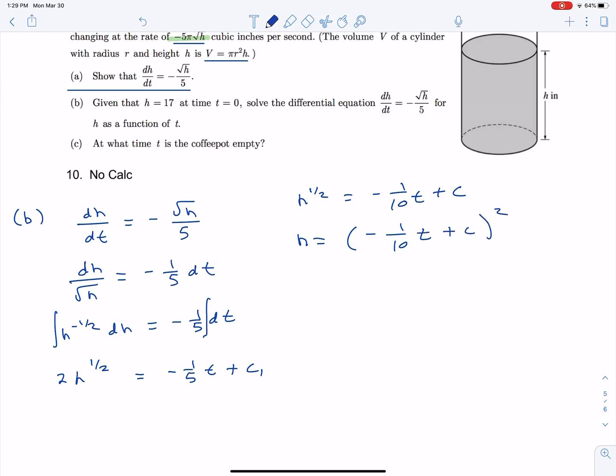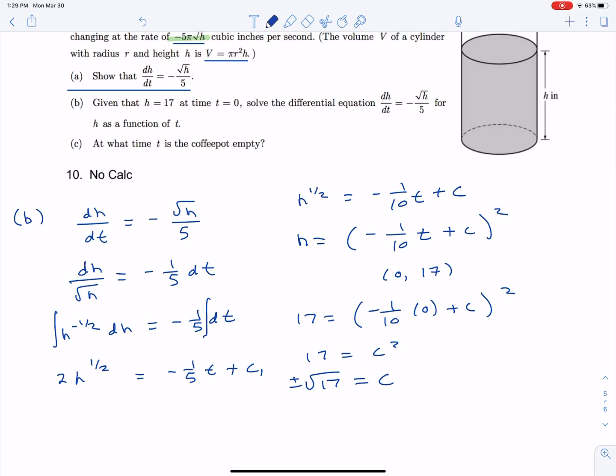Next we're going to take the initial condition and plug it in, so we're plugging in the point (0, 17). I get 17 equals negative 1/10 times 0 plus c squared, which means 17 equals c squared, so the square root of 17 equals c.